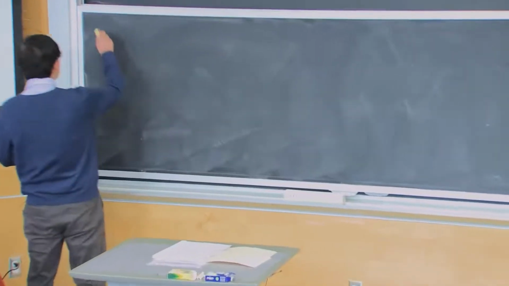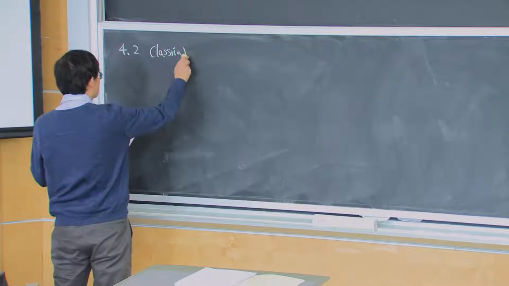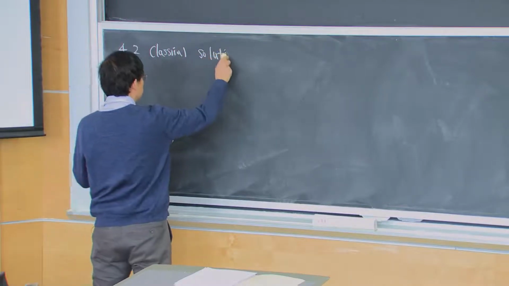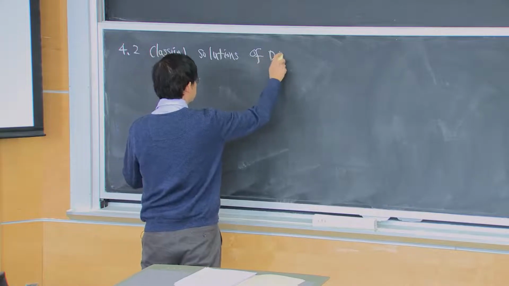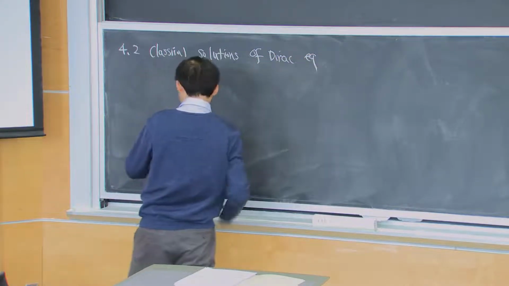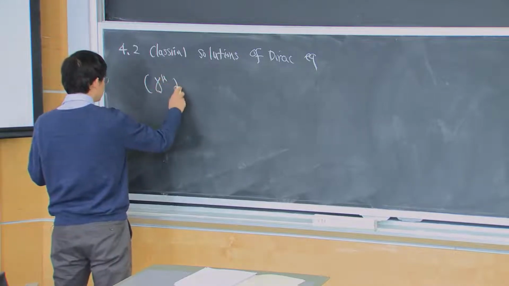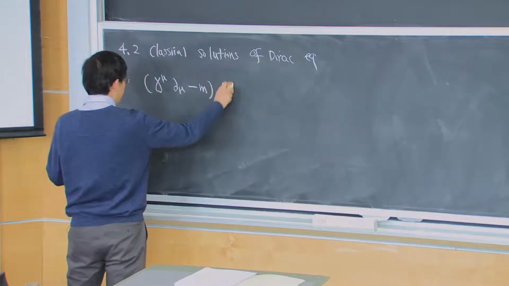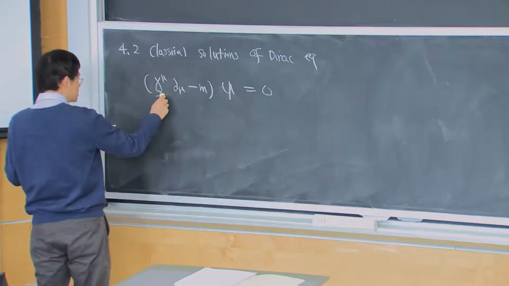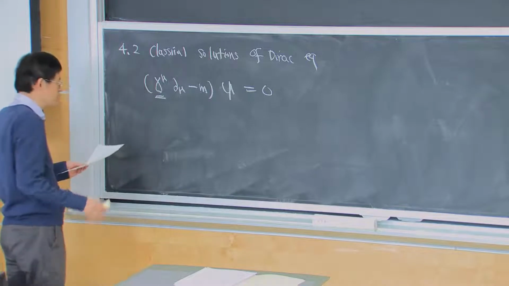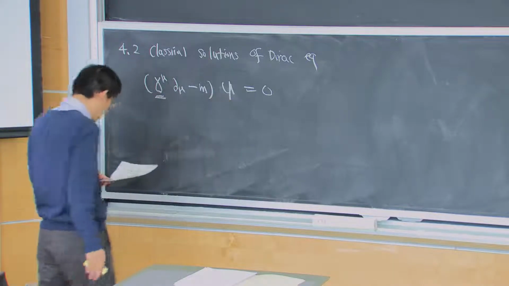Consider the classical solutions of the Dirac equation. And recall the Dirac equation is given by the following. These gamma matrices are 4×4 matrices, and psi is a 4-complex vector.